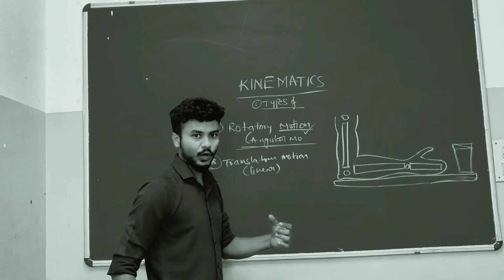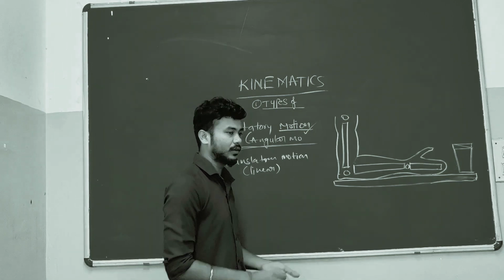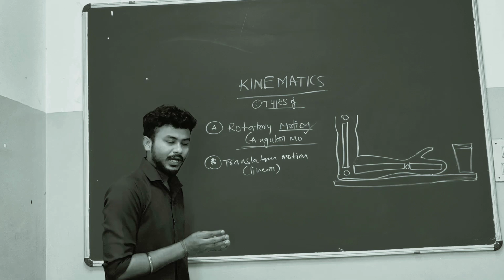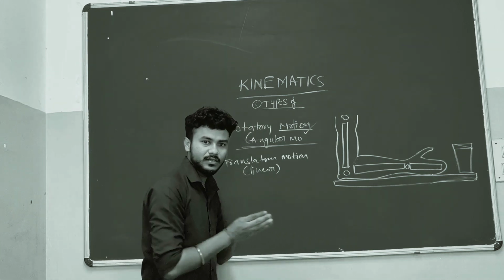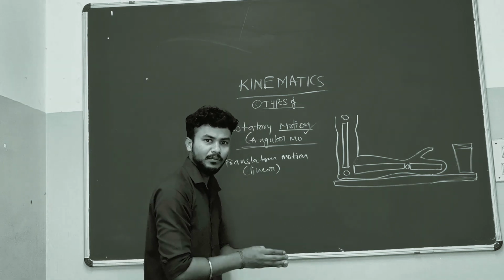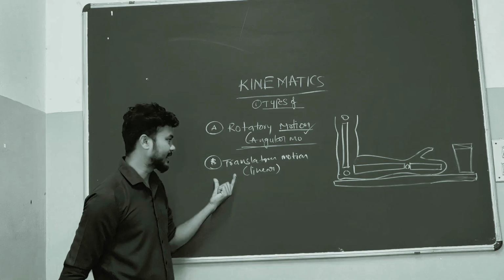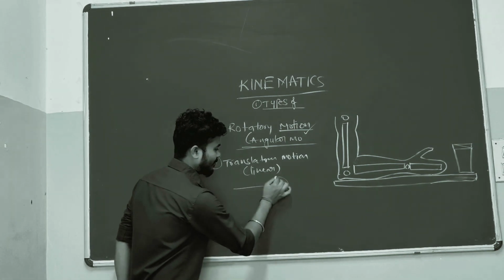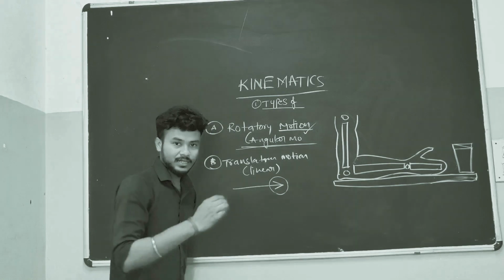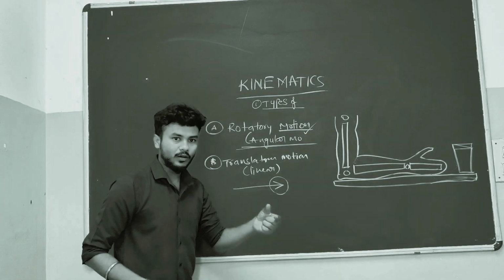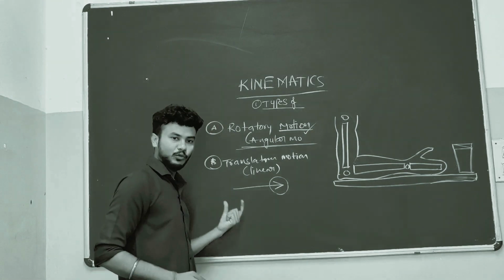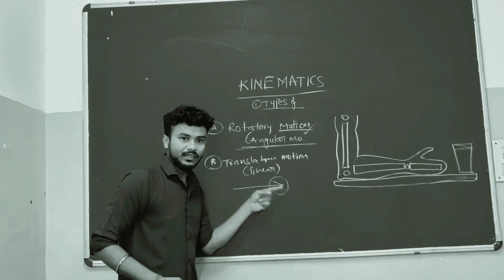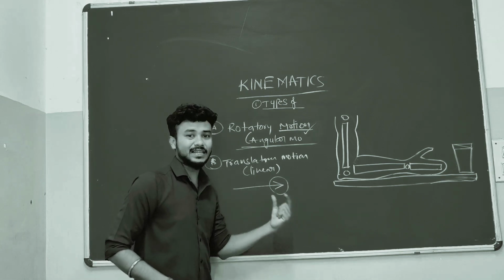An object or segment will move the same distance, in the same time, in the same line. So the only point is, translatory motion means the movement will happen in the same line. The object or segment will move in the same line, in the same time and the same distance.